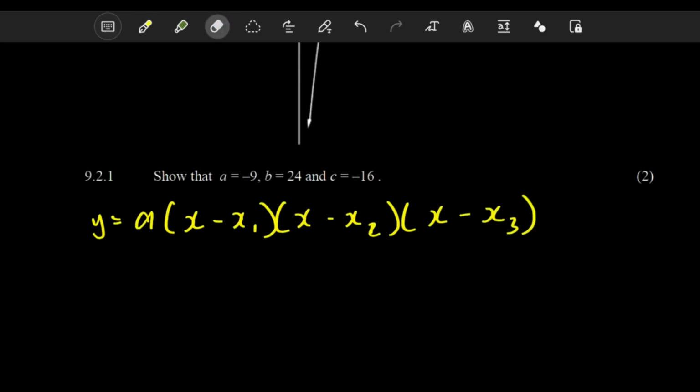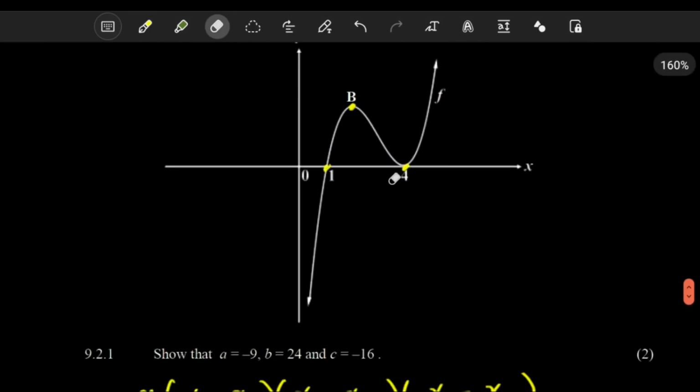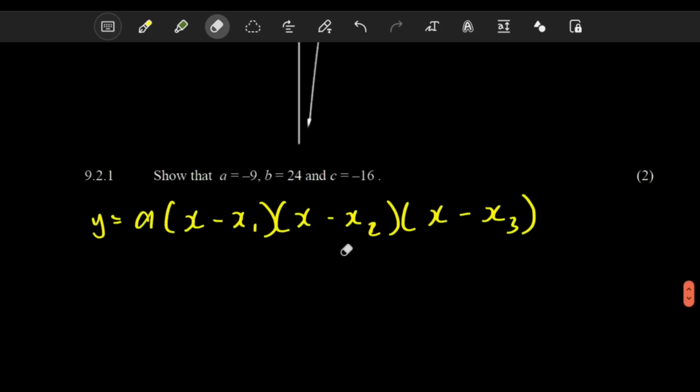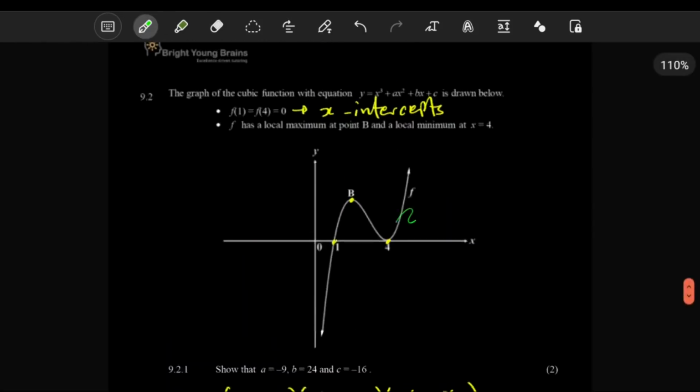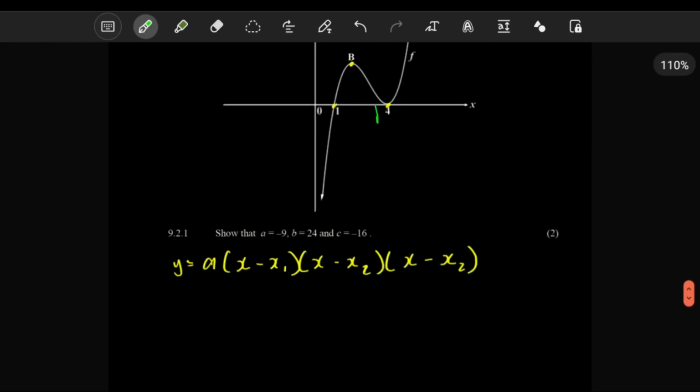The only issue is that as long as your graph turns where it has an x-intercept, these two will be equal to each other. You see, this is specifically for this kind of scenario, and for this scenario, these two that repeat will be this 4 over there.